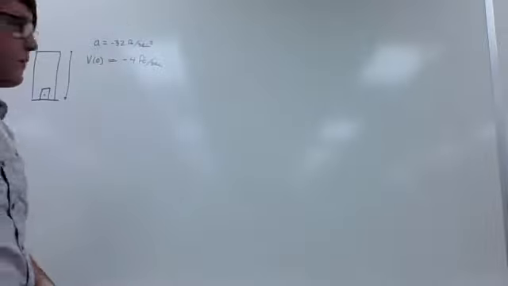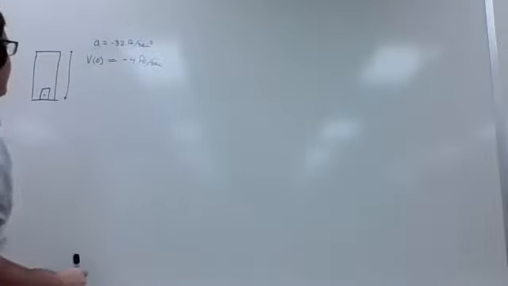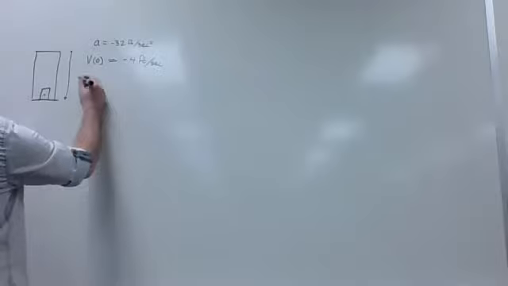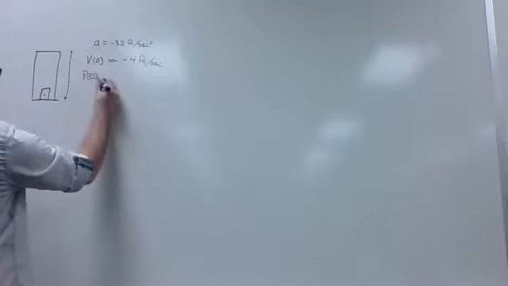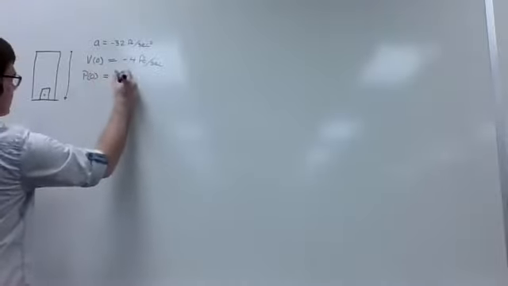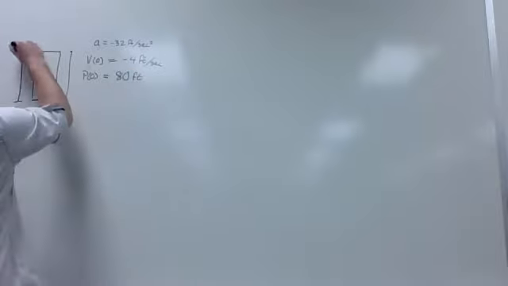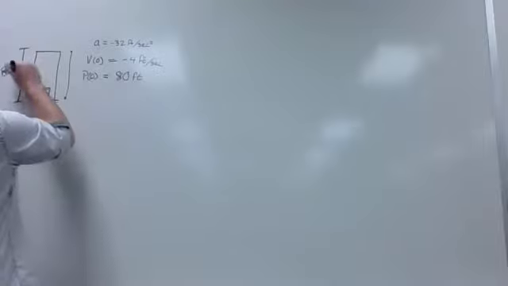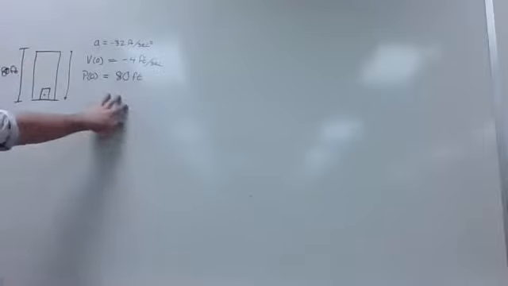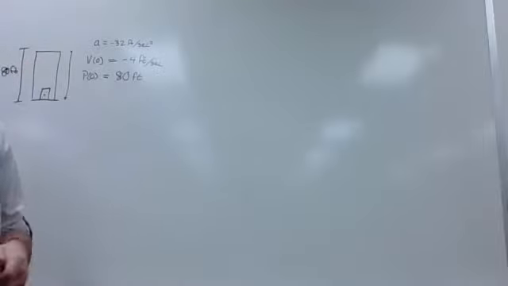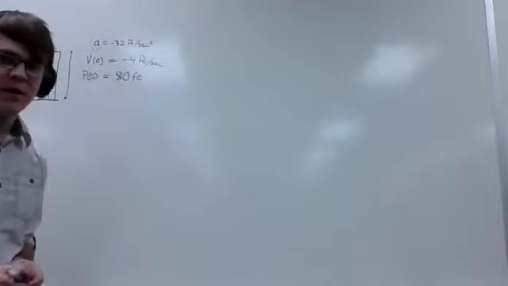We're throwing it straight down off the roof. And let's say that our position when time equals 0 is going to be 80 feet, right? Because the building's 80 feet tall. And I guess our question is, what's the position function? How do we find a position function out of this information?